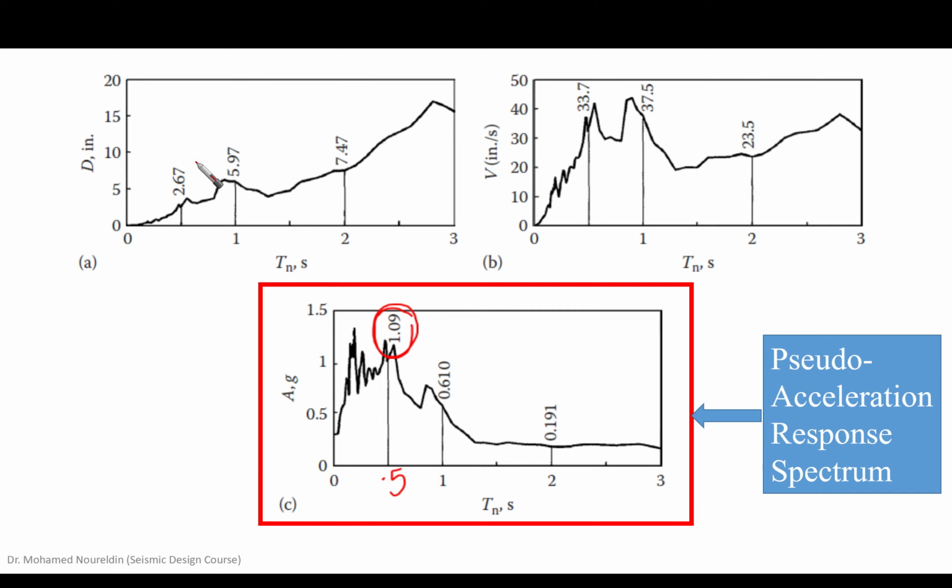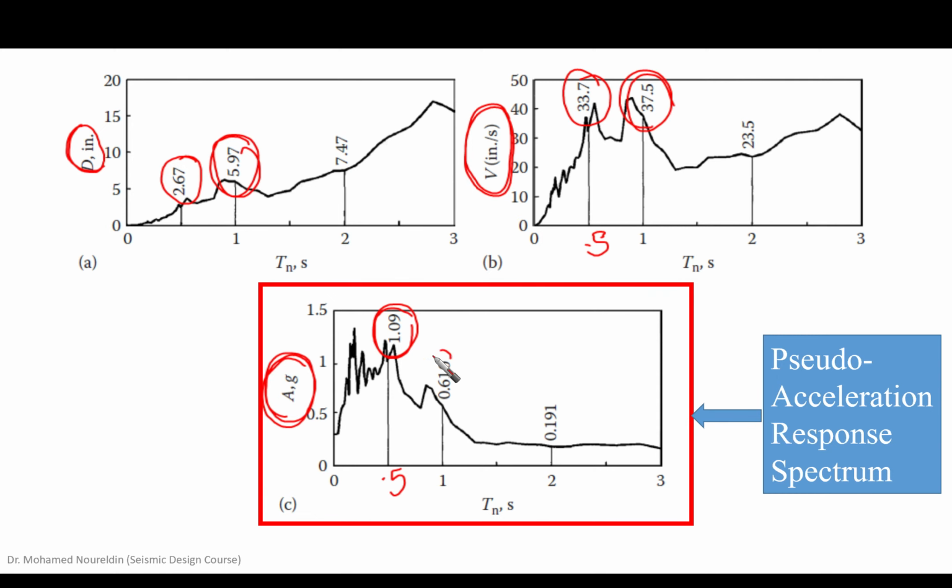It corresponds to this value in the deformation response spectrum, and to this value in the pseudo velocity response spectrum, and it is mapped into the pseudo acceleration response spectrum as 1.09. Similarly, for 1 second, for the velocity it was 37 something, for the acceleration it is 0.61, and here for 2 seconds it's 0.191.